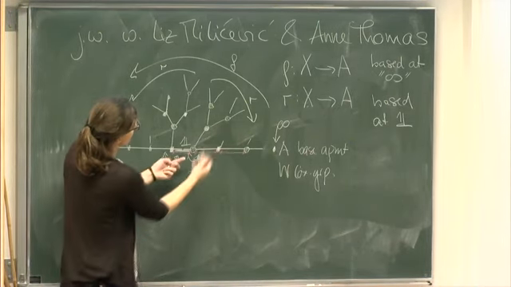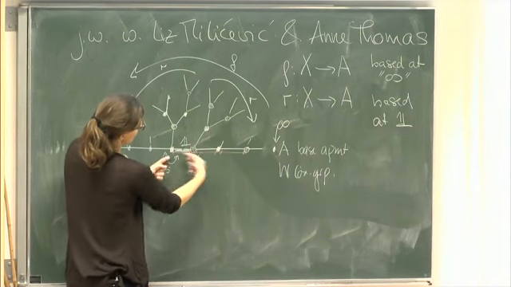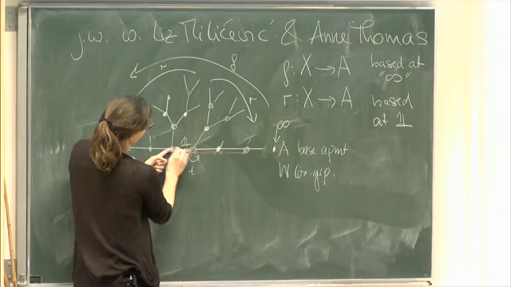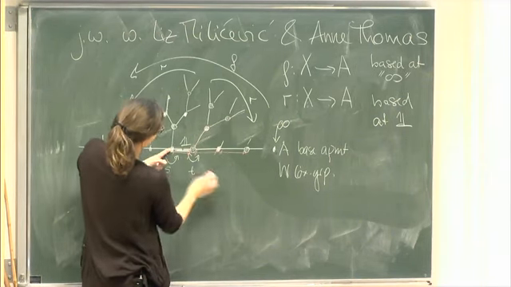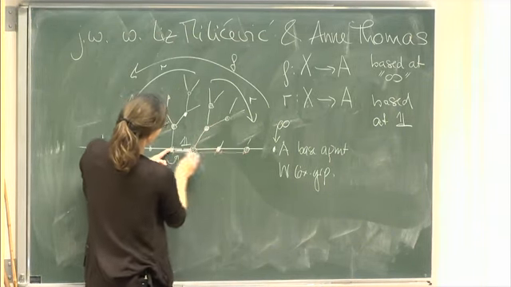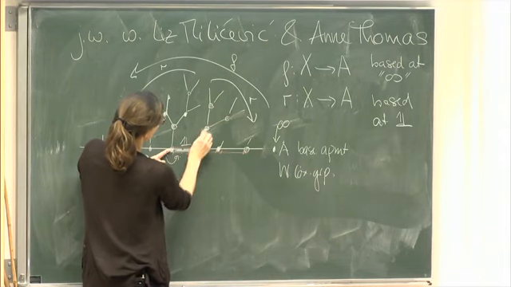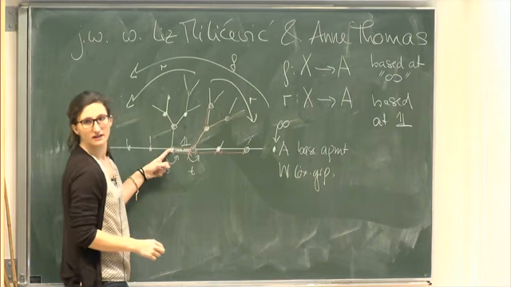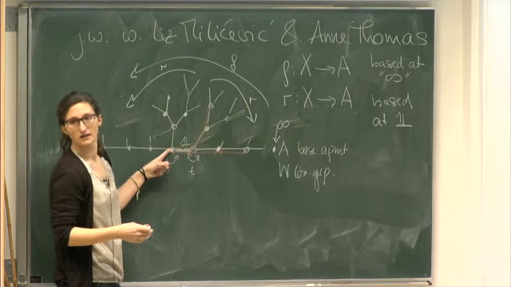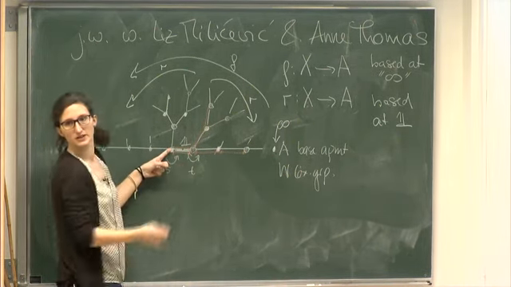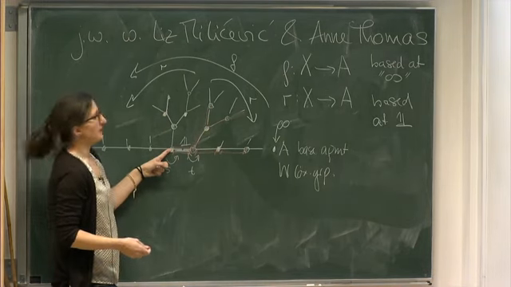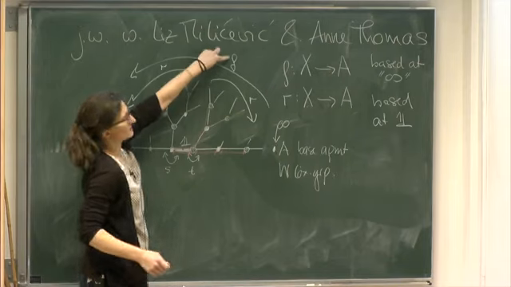So the game now is you take pre-images under R of this red path. So you end up with paths like this. This one, for example, or this one maybe, and there's more. Okay? And the longer your paths get, the more pre-images you see. And then you take the image under this other retraction.